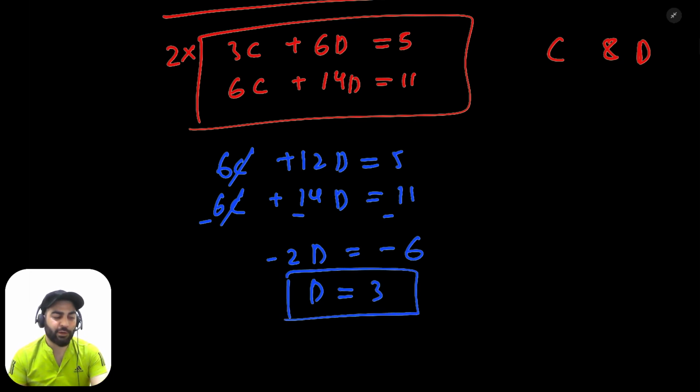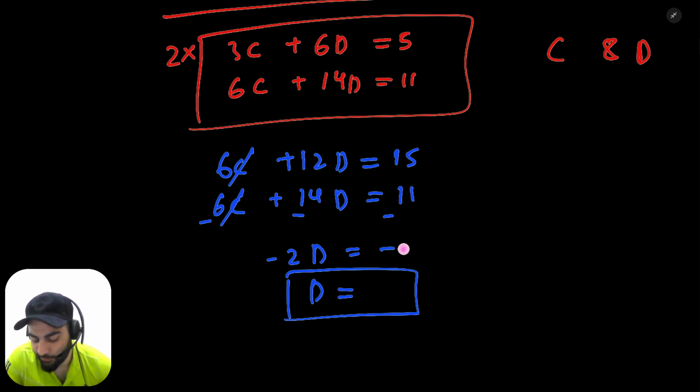Just check my calculations because I'm really skeptical. Let me do it again. The upper equation times 2 gives 6c plus 12d, and 2 times 4 is 8, so the right side should be 8, not 5, sorry. So this basically is now 4. Is it 4? Yes, it should be 4.